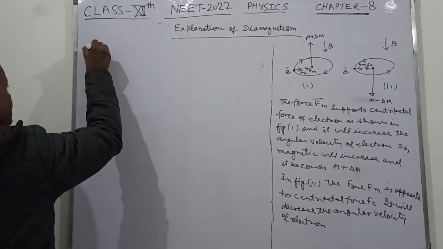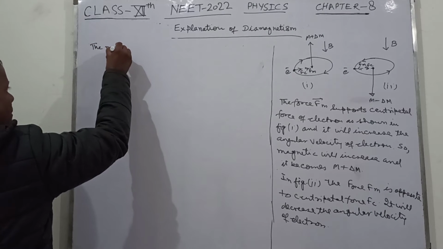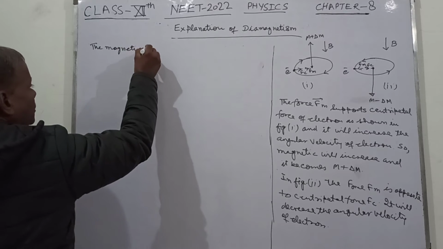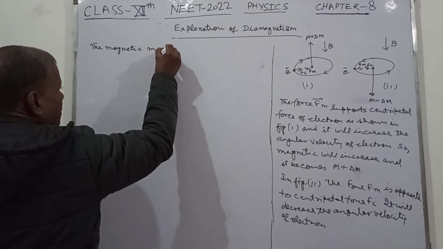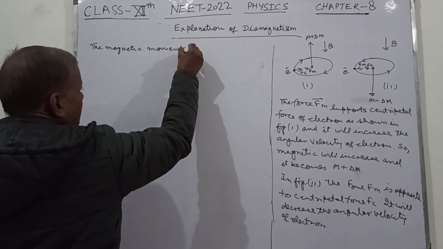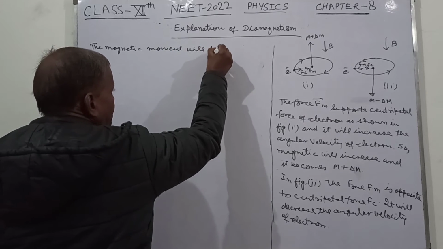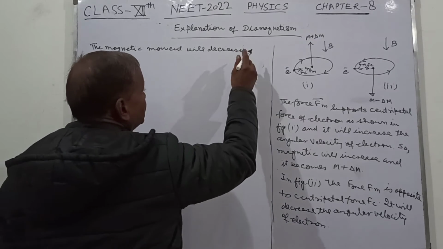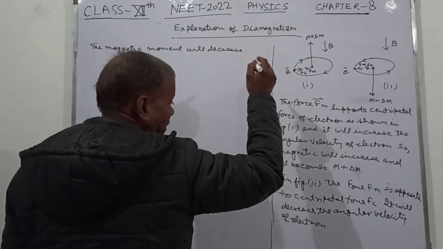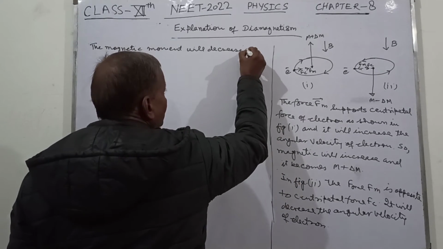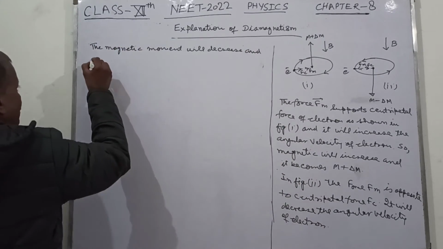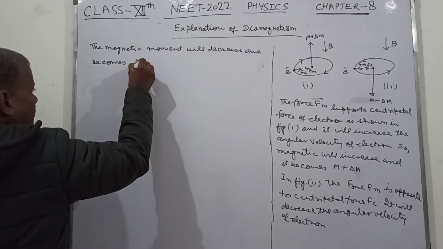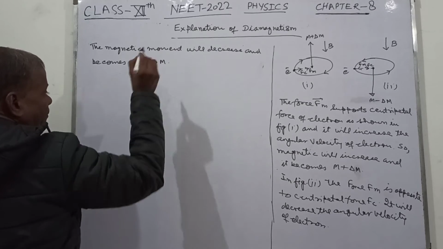The magnetic moment will decrease, and becomes m minus delta m.